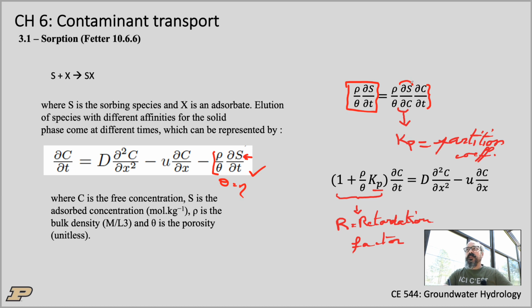So it makes sense that the amount of sorbed material should be proportional to the concentration in the plume. And again, this is what we call a partition coefficient. Literally, if you look at the etymology or the meaning in English, we're just partitioning that plume into some dissolved stuff, that's C, and some sorbed stuff, that's S.